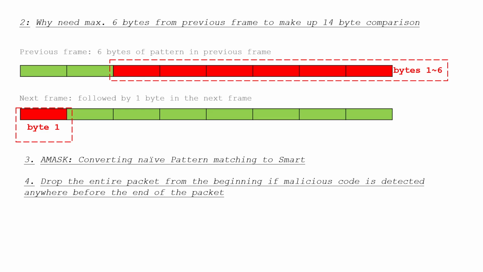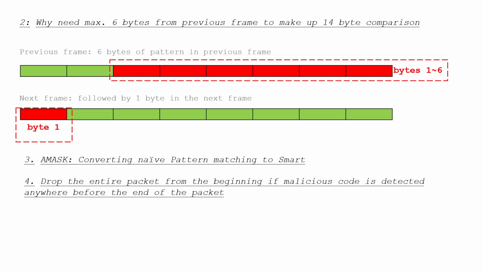At this moment, it is a naive pattern matching algorithm. To improve this, there's an introduction of a concept called a mask. So it is a smart matching algorithm. It is possible that an attacker can change a few bits in the pattern in order to evade pattern matching algorithms.